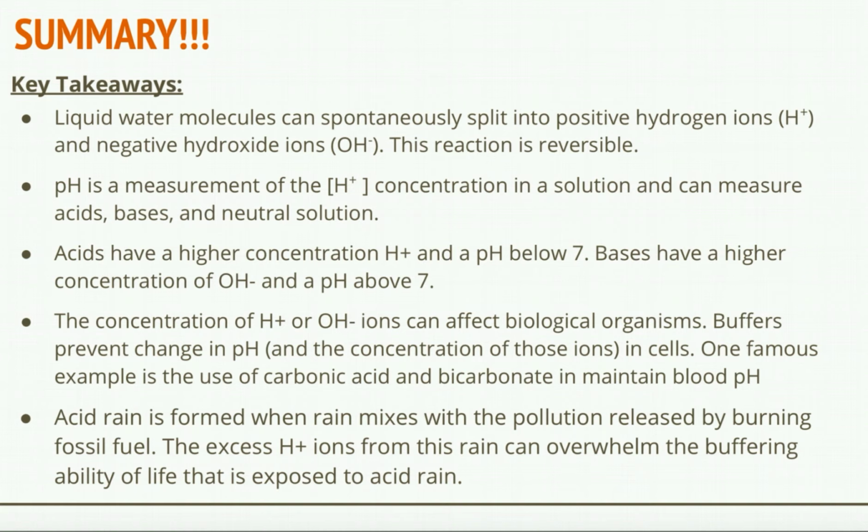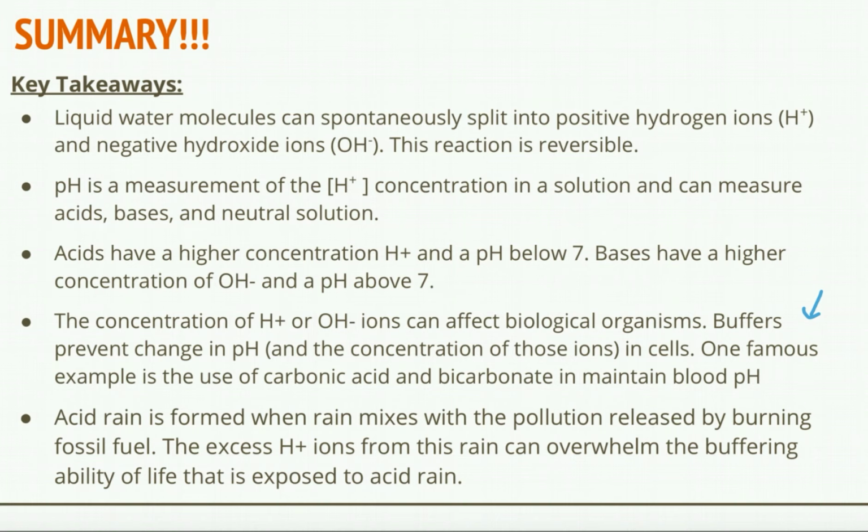A higher number is actually associated with a low concentration of hydrogen ion, and it tends to be an inverse relationship with the hydroxide ion. So if there's a low concentration of hydrogen ion, like in a base, then there's a high concentration of the hydroxide ion.